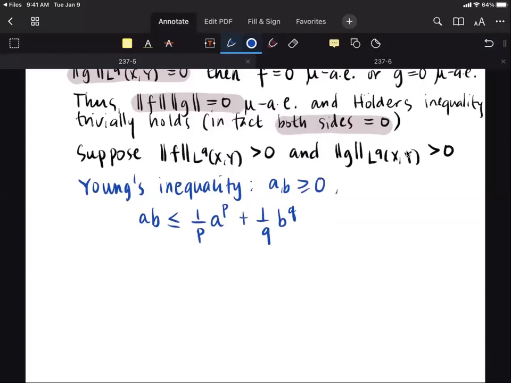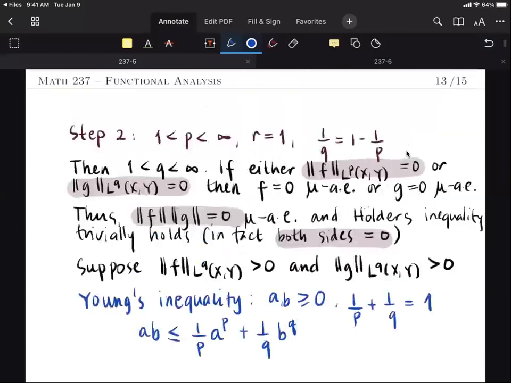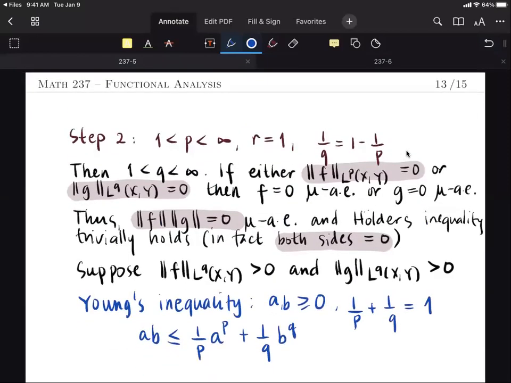P and q, let's say so 1 over p plus 1 over q is equal to 1. Okay, this is the case because r is equal to 1.